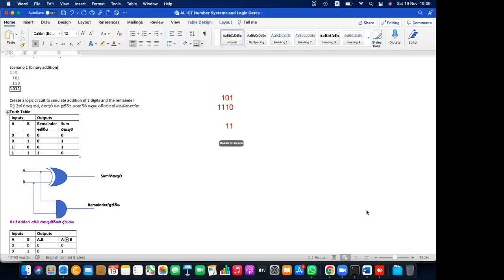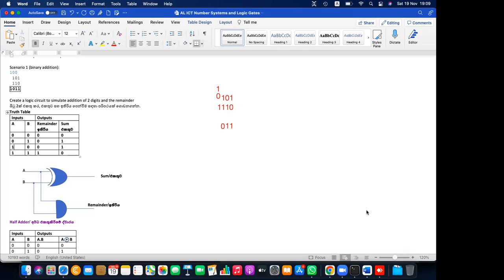Sorry, it's a mistake. 1 plus 1 is 0, then remaining 1. Then 1 plus, actually here you have 0 plus 1. Now you need to add 3 digits, 1, 0, 1.